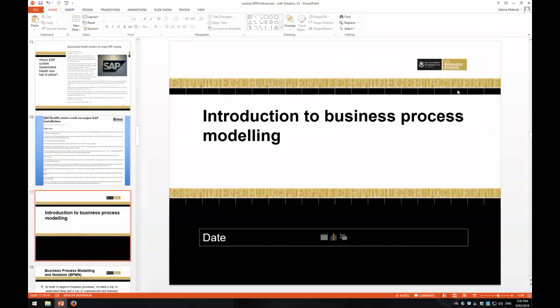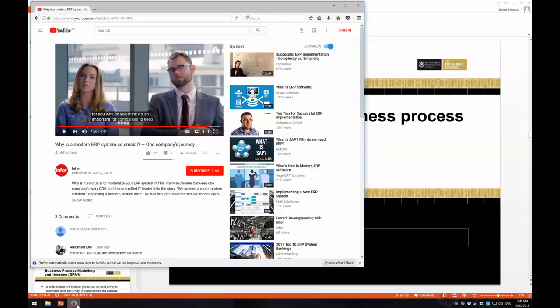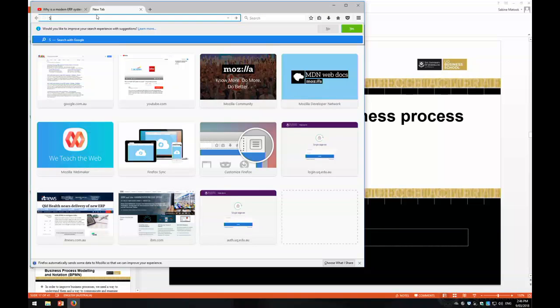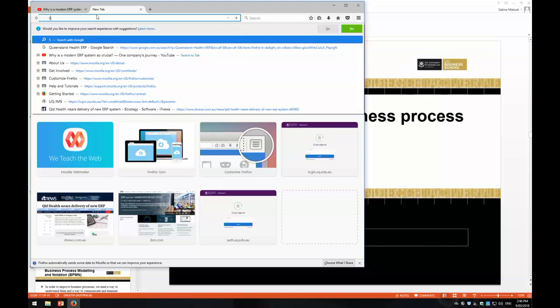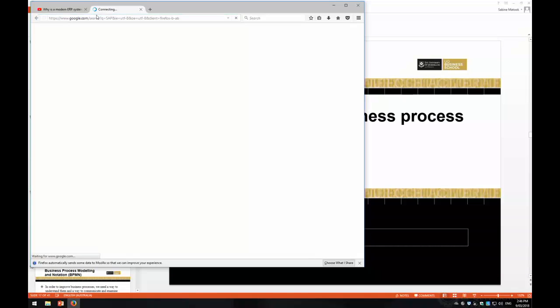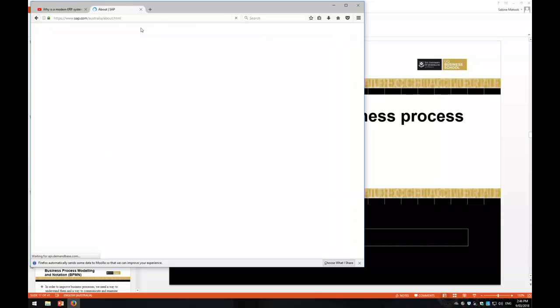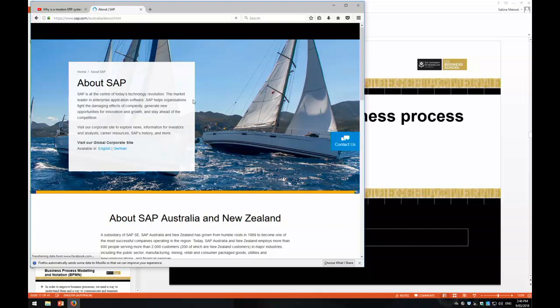Let's do some advertisement here. It's a German company, with the headquarters in Walldorf. So SAP, yes, of course they are also there in Australia.